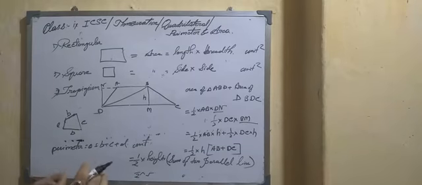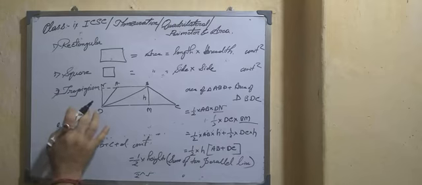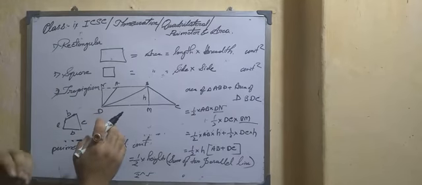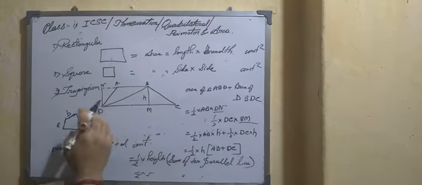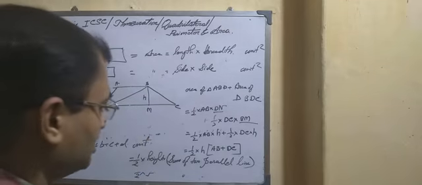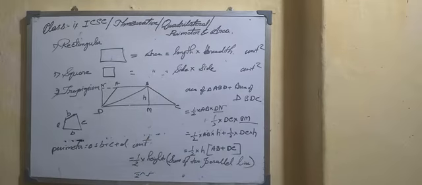So for each quadrilateral, the perimeter will be the sum of all sides. Okay. So rectangle, square, trapezium, we have already done. Rhombus. Okay. And another is a parallelogram.